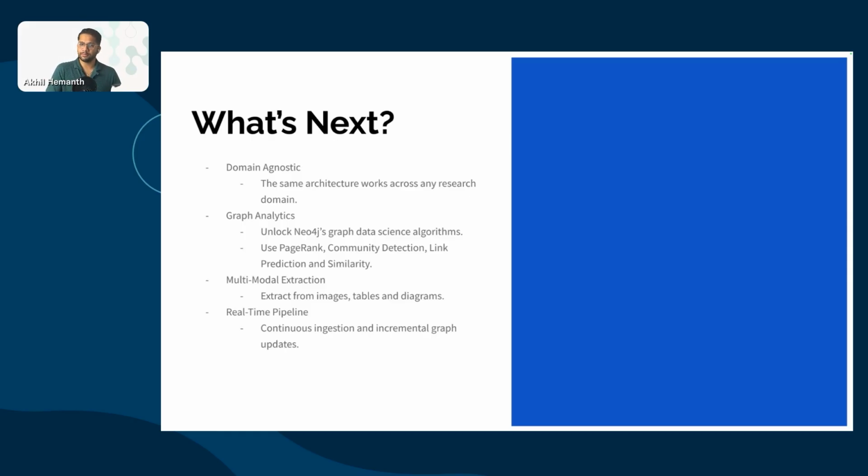And also a real-time pipeline. This is real-time to a certain extent, but we want to give this workflow the ability to keep ingesting, not just from the users putting in the data, but also while we are querying, we can query the internet and that data goes in as well, and the graph keeps updating based on the guardrails that we have defined.